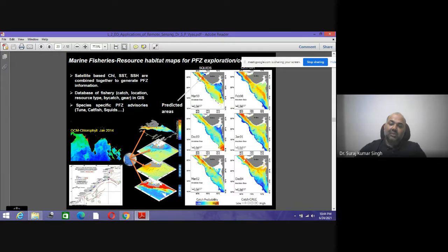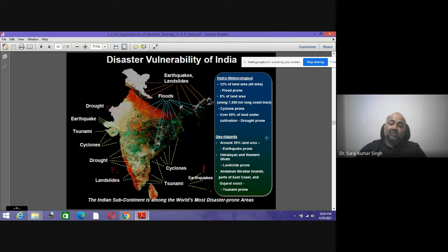You can see in the multi-temporal data sets what are the catch probability, which zone is having a high catch probability, which zone is having the low catch probability, what is the amount of chlorophyll contained in that area. So such kind of studies can be easily mapped, and finally we can have a simulation or optimization. We can see about the futures.